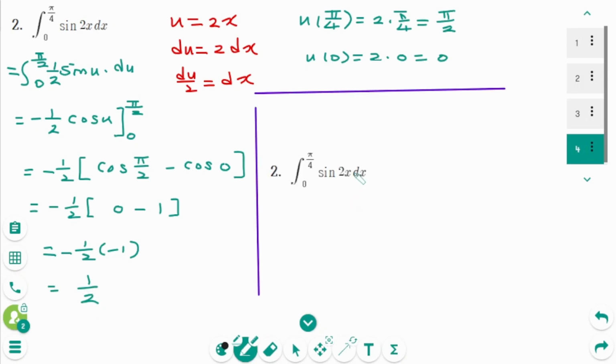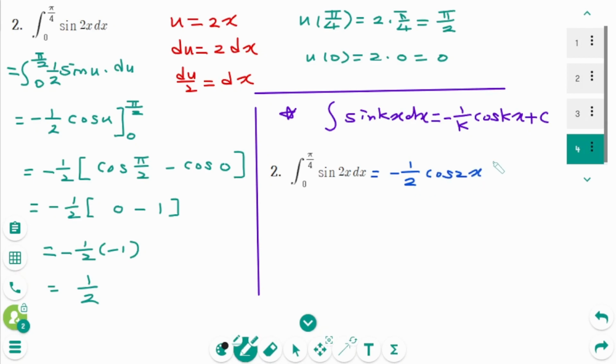This time, let's use a shortcut to integrate. Use the formula integral of sine kx dx equals minus 1 over k cosine kx plus c. So minus 1 over 2 cosine 2x from 0 to pi over 4 equals minus 1 over 2.